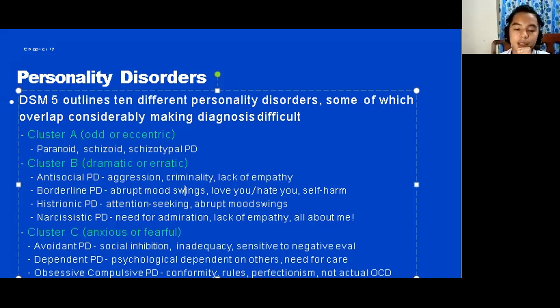The second is the dependent personality disorder, which is psychological dependence on others and need for care. The last personality disorder in cluster C is the obsessive compulsive personality disorder, or OCPD. Here, it is characterized by conformity to rules and perfectionism, and it is not actual OCD.